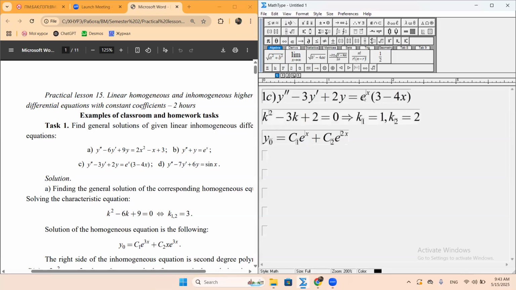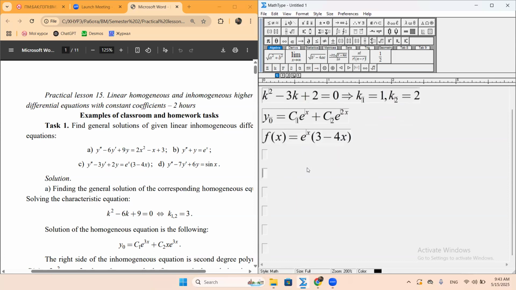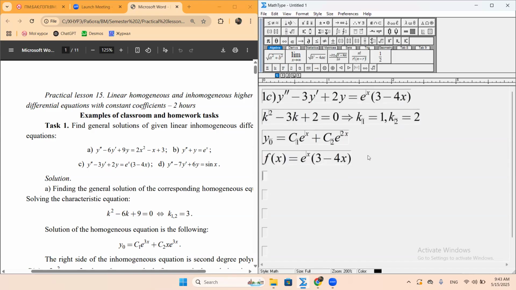Then the right part is e to the power of x multiplied by a polynomial, and the control number of this right part, the power of the exponent, equals 1. And it is a root of the characteristic equation.